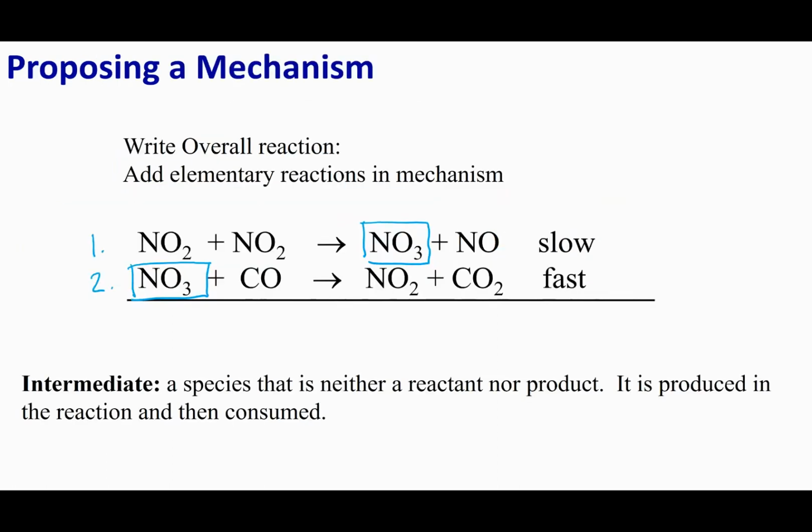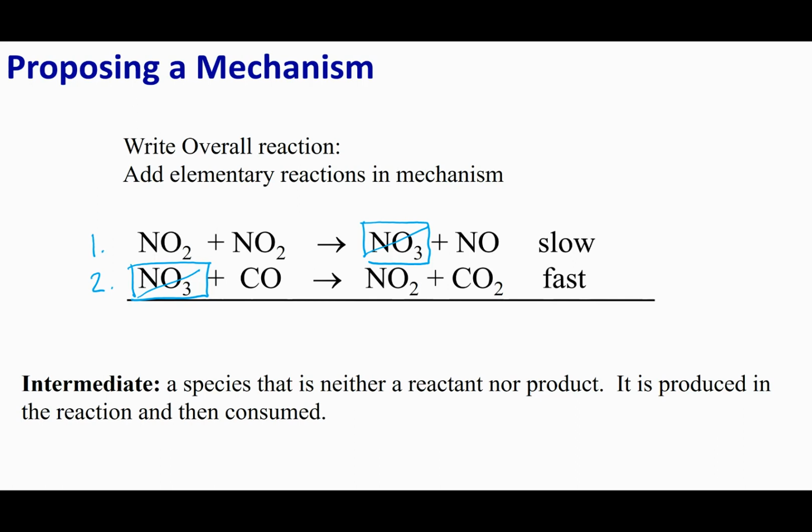So this is what we call an intermediate. An intermediate is not a reactant or a product, but it is generated and then consumed, so it only exists in situ during the course of the reaction. Once the reaction's done, I should not have any more of that. So the NO3 is produced and then consumed, so it goes away.